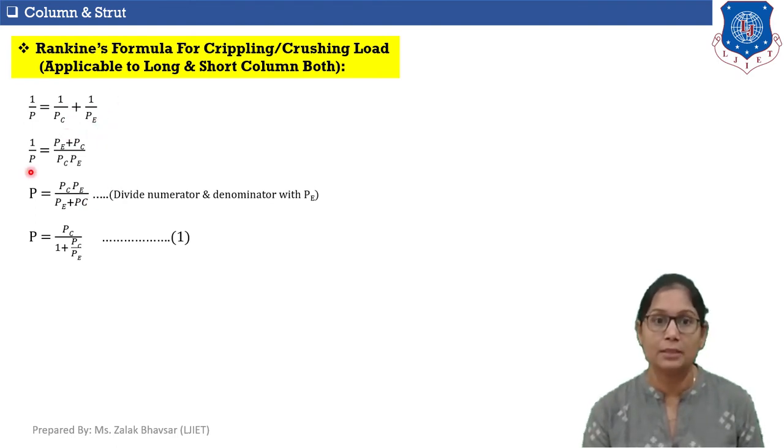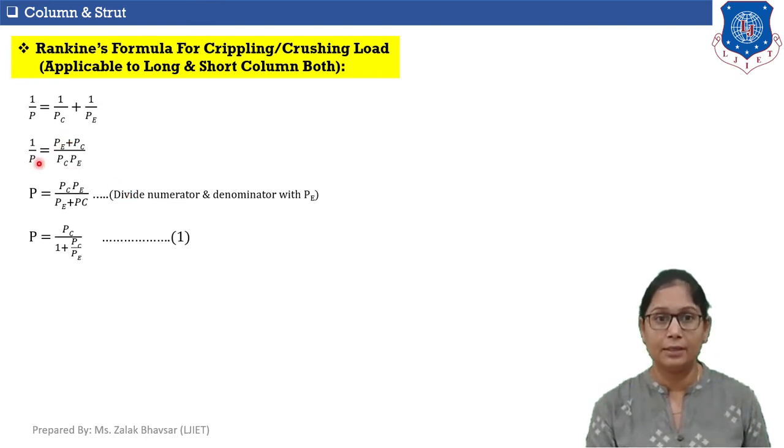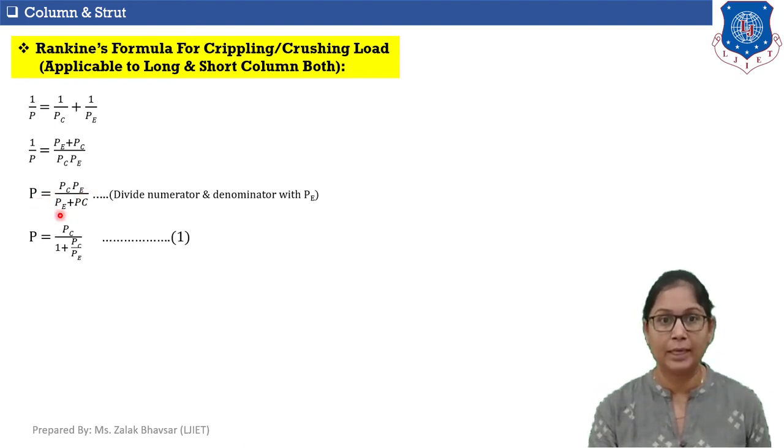So we can say that 1 upon P is equal to PE plus PC upon PC into PE. Now, if I rearrange the equation, then P is equal to PC into PE upon PE plus PC. Now, if I divide numerator and denominator by PE, then I get equation number 1, which is P is equal to PC upon 1 plus PC upon PE.